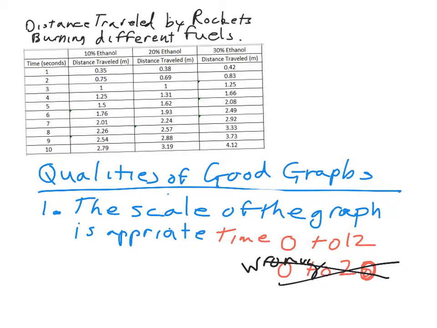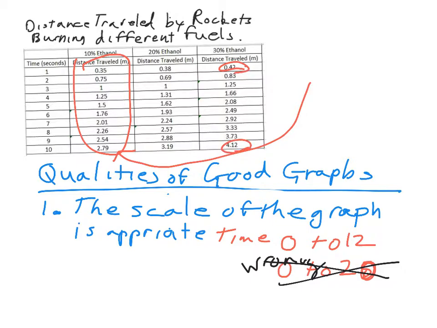If we looked at our distance traveled here, we have distances going from 0.35 meters for that one to 2 meters, and from this one it looks like 0.42 to 4 meters.